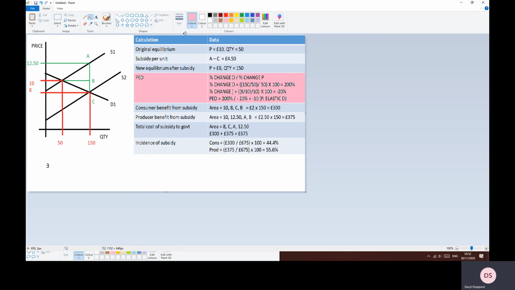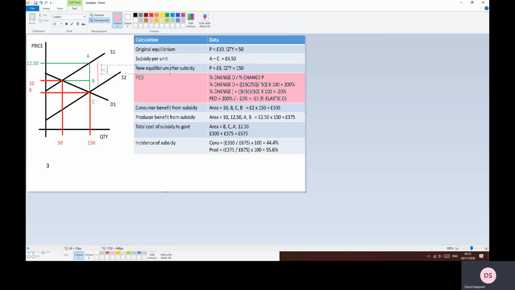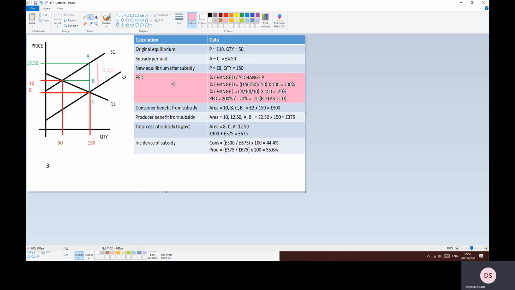Right, now what we've introduced this time, again, if you look at the diagram, the vertical distance between the supply curves is the subsidy per unit. So we've got here £4.50 subsidy per unit. Now again, if we were to show the total cost of that subsidy to the government, it's going to be all this orange area here.